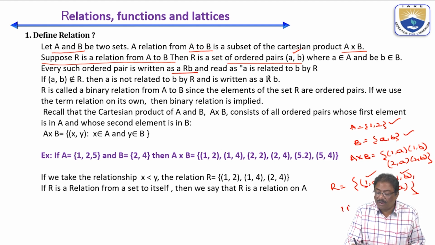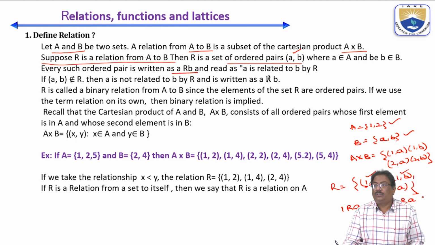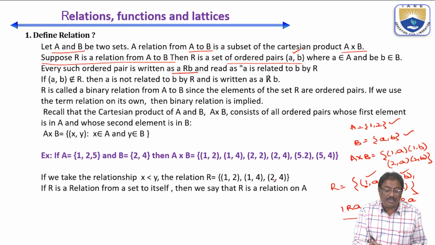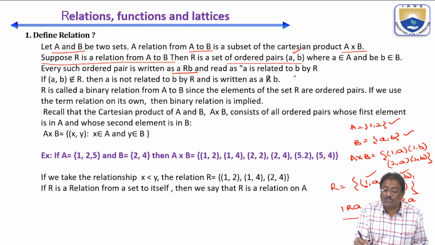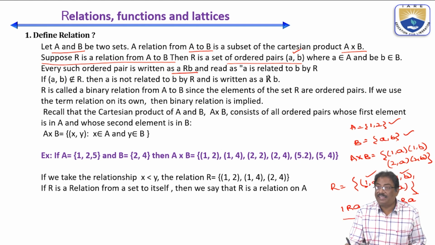Here, 1 is related to a, 1 is related to b, and 2 is related to a. So whenever (a, b) belongs to R, we say that the first element is related to the second element.